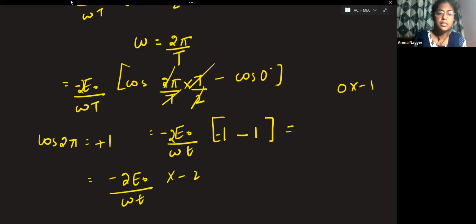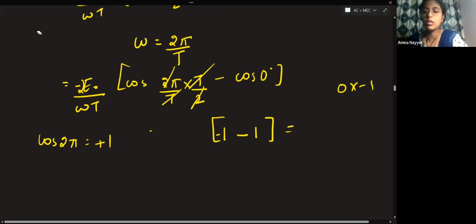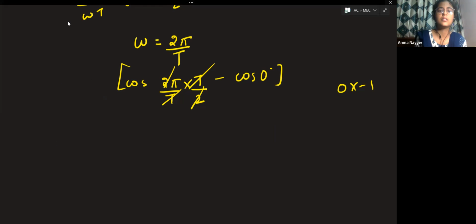See, here capital T is written. We have to change this in terms of capital T. So this was for the half cycle. Here only I'm editing it.